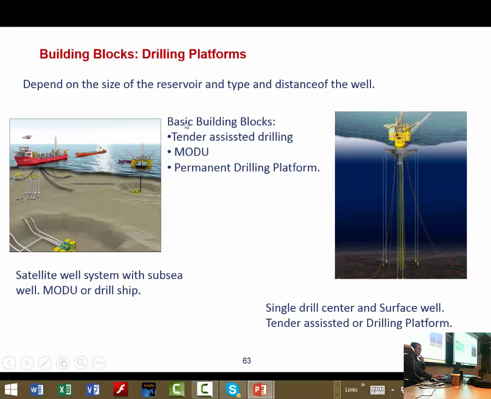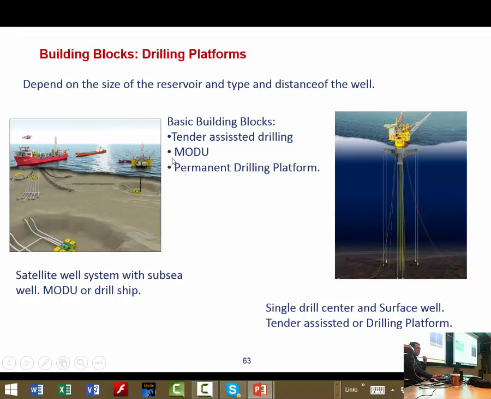And also, based on the drilling functionality, you should specify drilling building blocks. Selection of the drilling package depends on the size of the reservoirs and type and distance of the wells. So basic building blocks are tender assisted drilling rig, mobile offshore drilling rig, and permanent drilling platform.